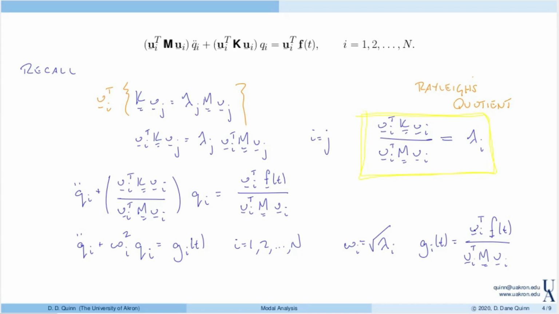We can take the eigenvalue and use that as essentially the square of the natural frequency. We can use the eigenvector to determine the modal forcing. So this is the modal forcing, and this is the modal frequency, and this is the modal equation.